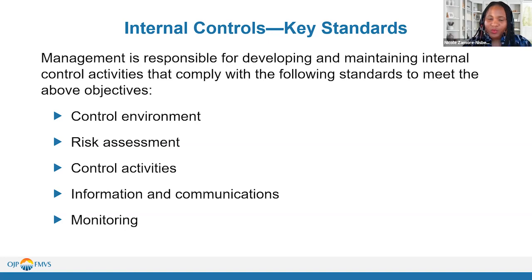Risk assessment: we addressed this earlier, assessing the risks. Then we have controlled activities, which are for various functions within your organization. And then you have information and communication. We addressed that previously, how you're communicating the information in your organization. And finally, monitoring. As we mentioned earlier, how you're monitoring your policies and procedures and internal controls.